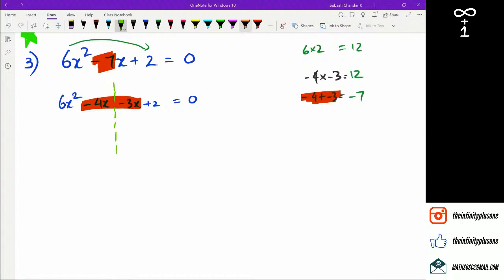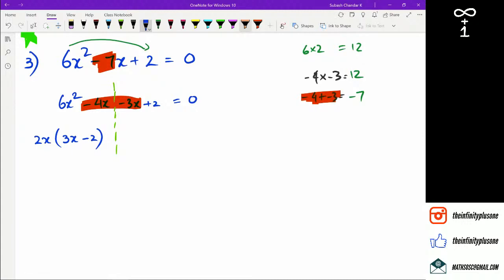I'll show you what I mean. In this case, we've got 6x squared minus 4x, so we've got 2x as a common factor, 3x inside, and minus 2 inside.